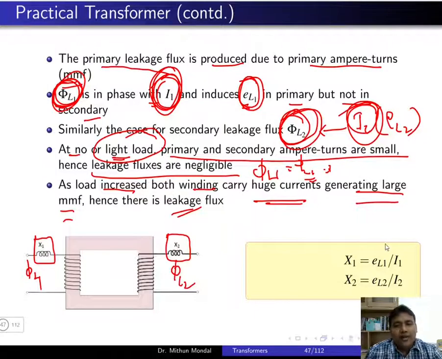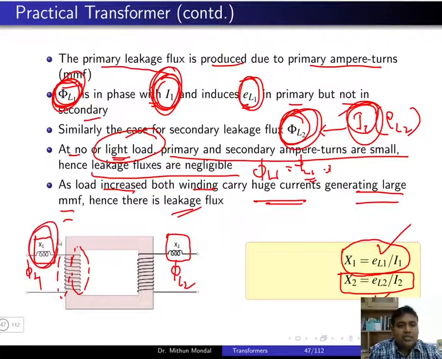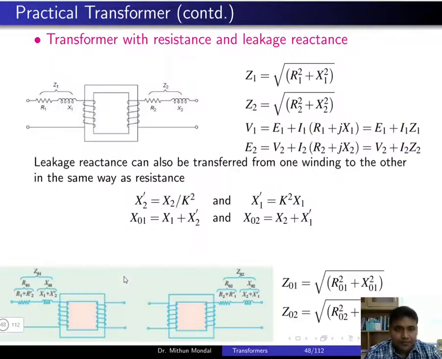So you can write x1, the inductance on the primary side, is equal to EL1 by I1, whereas the inductance on the secondary side you can write as EL2 by I2, where EL1 and EL2 are basically the induced EMFs due to the leakage on the primary side and the secondary side due to the air. So whatever leakage flux was there in the air has been represented with x1 and x2 on the primary side and secondary side.